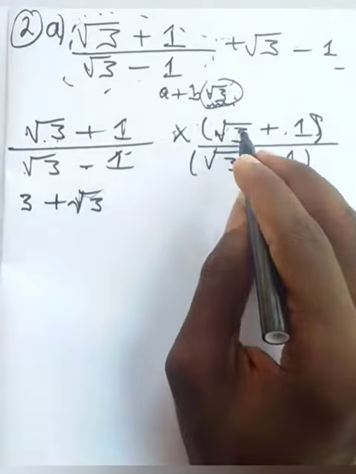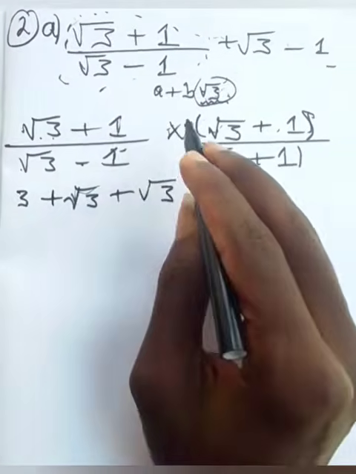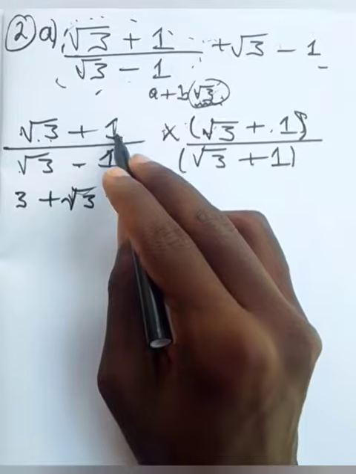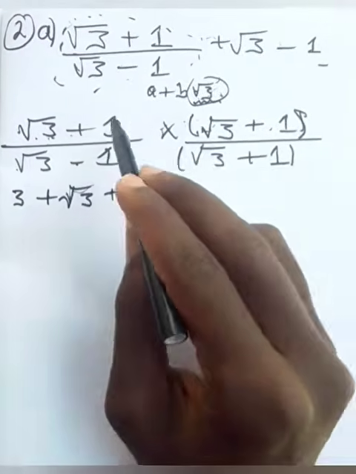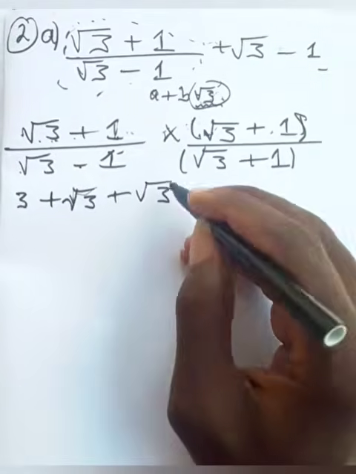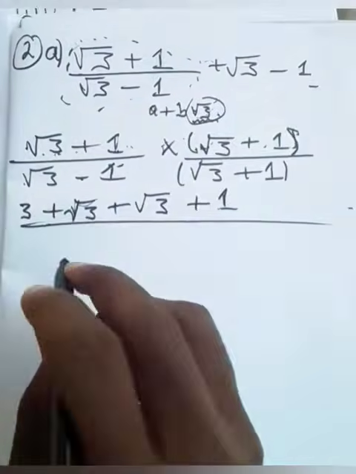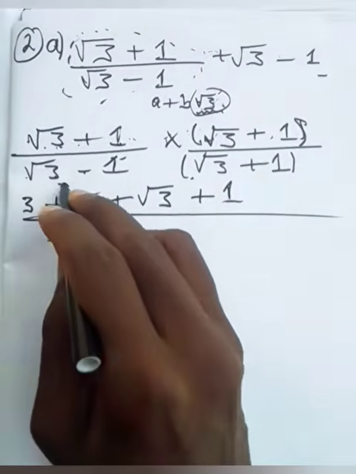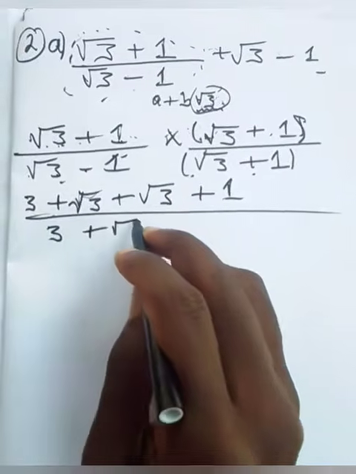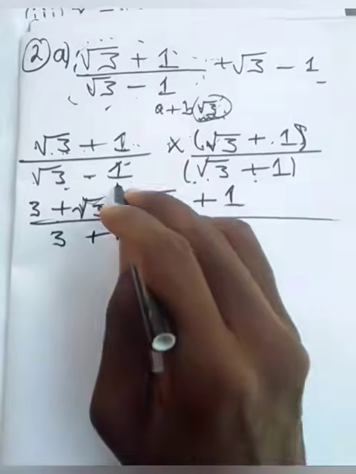This time this is going to be square root of 3. This time this, that time that, that time that, and then this is 1 times 1, it will just be 1. Let's go to the denominator. This time this is going to be 3. This time this is going to be negative square root of 3, then negative 1, right?